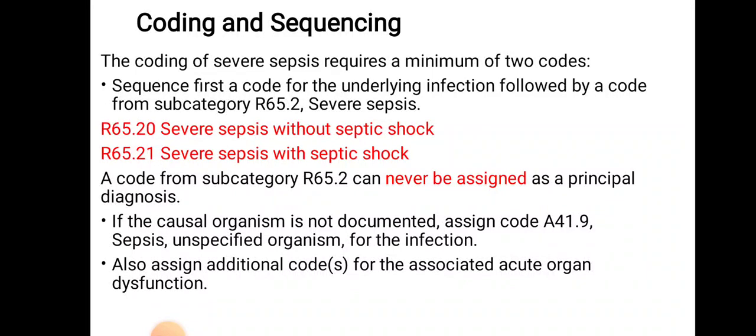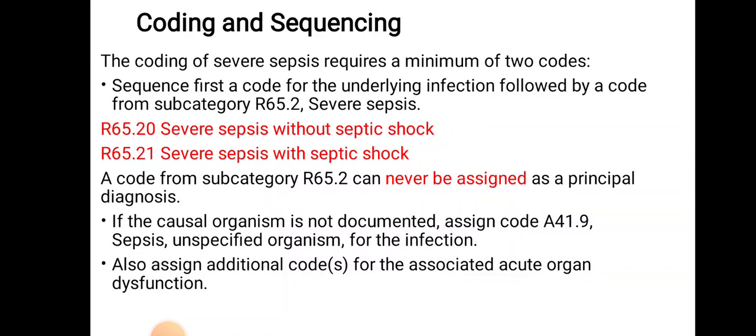If the causal organism is not documented, assign code A41.9, sepsis, unspecified organism, for the infection. So if the organism, like staphylococcus or other names of bacteria, is not given and specificity is not documented, you can code the unspecified code A41.9, sepsis, unspecified organism, for the infection.